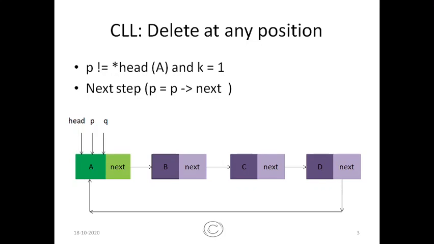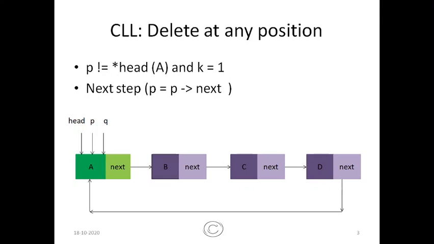Now the approach is as usual, as we have seen in deletion of a node at the beginning and deletion of a node at the end. Now we will take two pointers P and Q. So P will point to the current node. Basically P will travel till the last node D. How do you check that it will traverse to the last node?